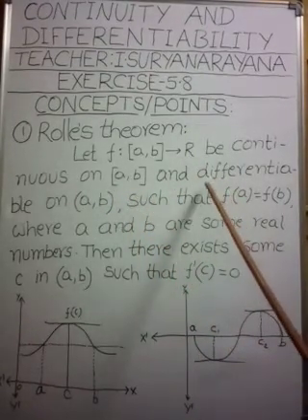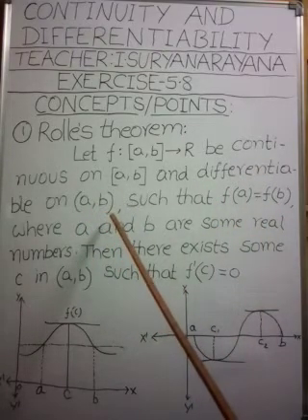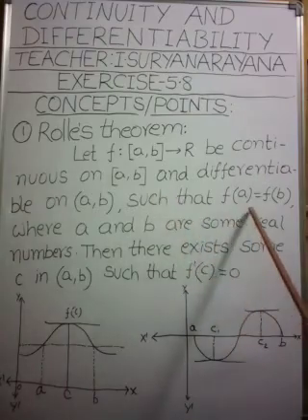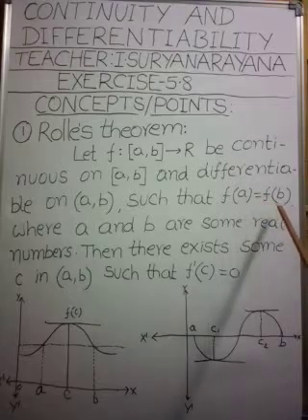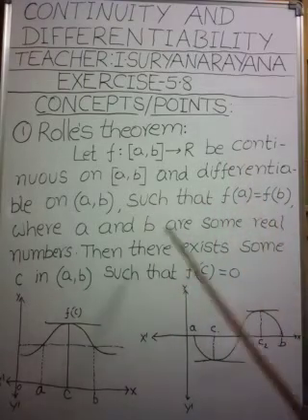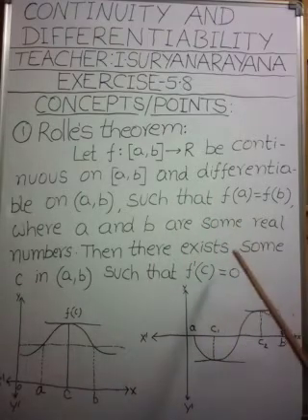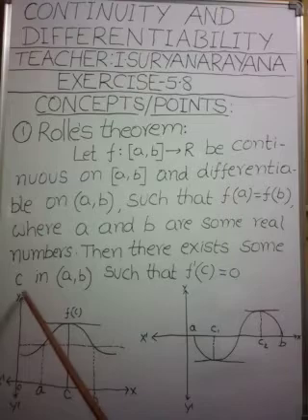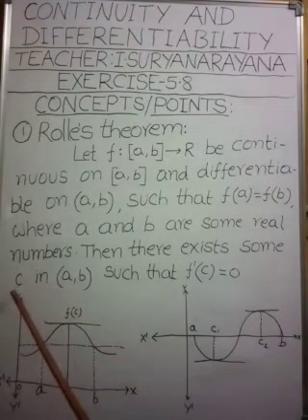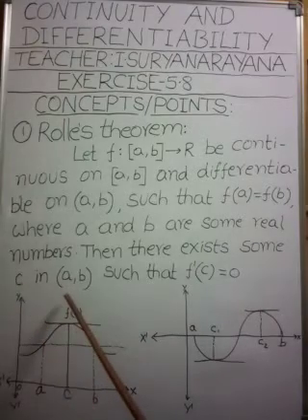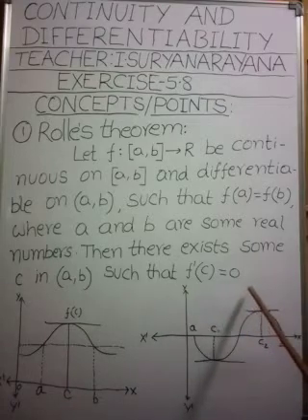And the second condition is f is differentiable on the open interval (a, b). And f(a) is equal to f(b). These 3 conditions should be satisfied by the given function f. Then we can find c in the open interval (a, b). Between a and b we can find a real number c such that f'(c) is equal to 0. Okay my dear children, understood?